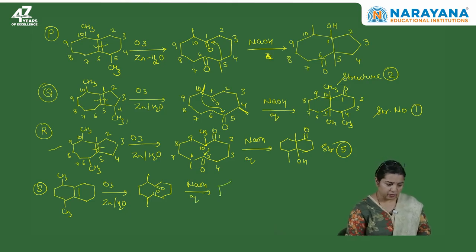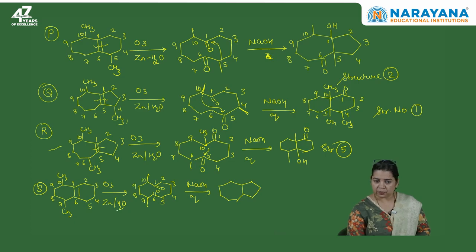It will have 7 and 5-member ring fusion because it is a copy of P. But the positions: 1, 2, 3, 4, 5, 6, 7, 8, 9, 10. Let us repeat: 1, 2, 3, 4, 5, 6, 7, 8, 9 and 10. The ring is closing between say 10 and 6, or you can say 2 and 6. Either side we can say.